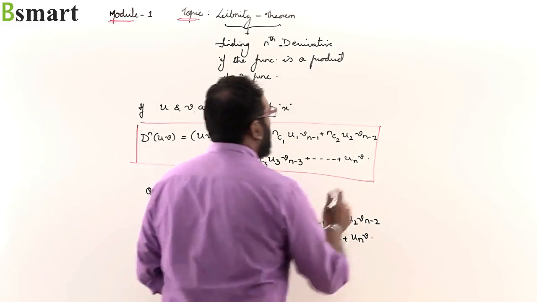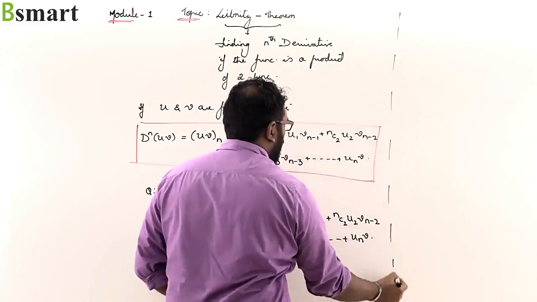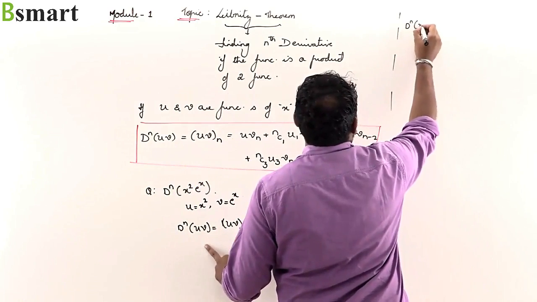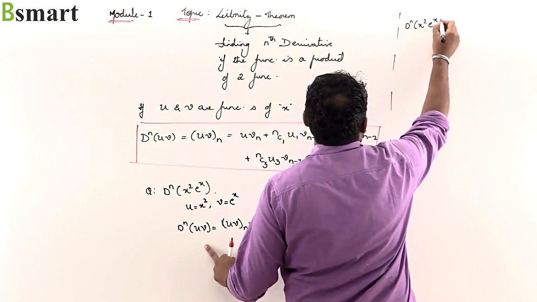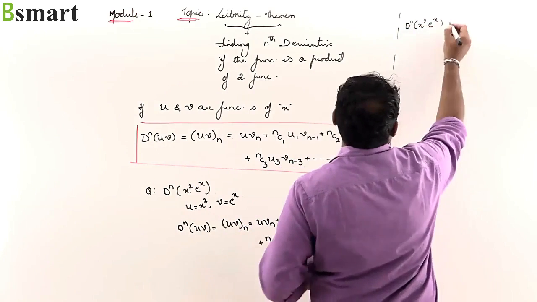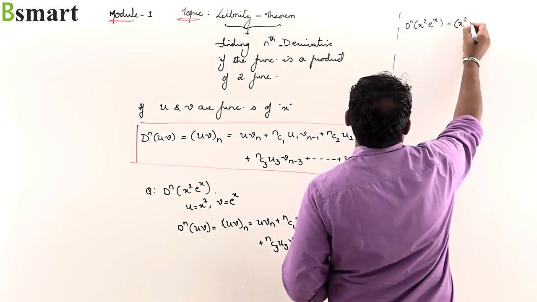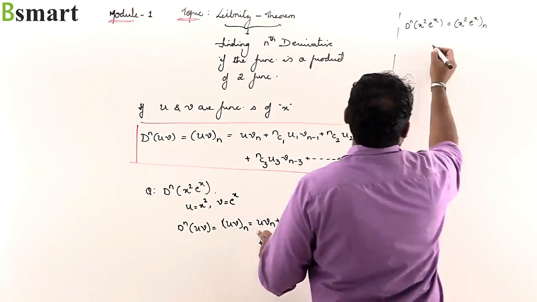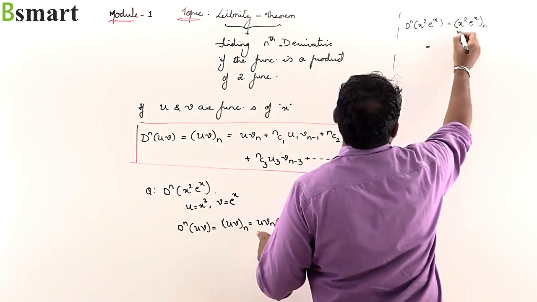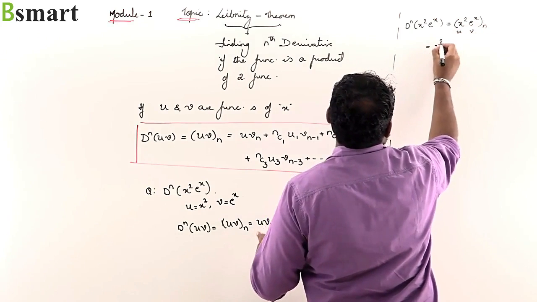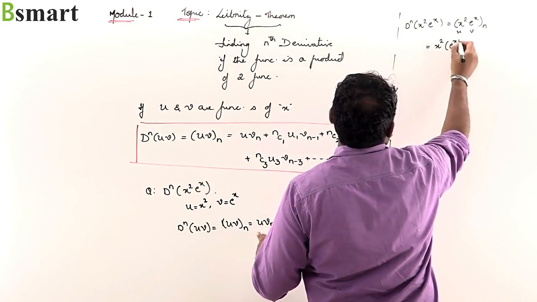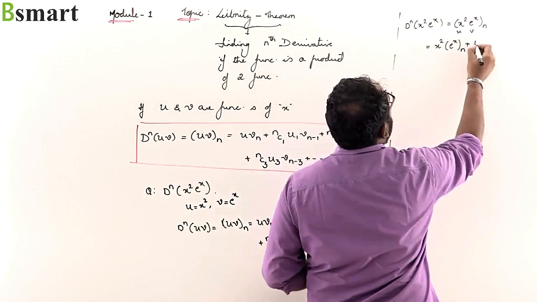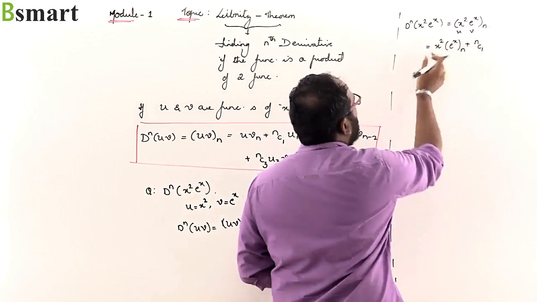Now we differentiate these terms. The nth derivative of x squared into e to the power x is x squared into the nth derivative of e to the power x, with u as x squared and v as e to the power x, plus nC1 into u1.